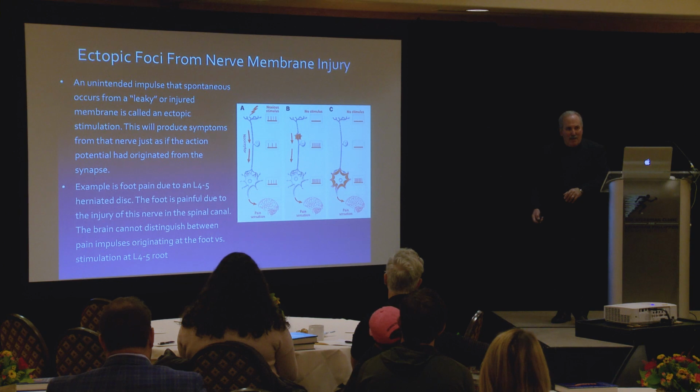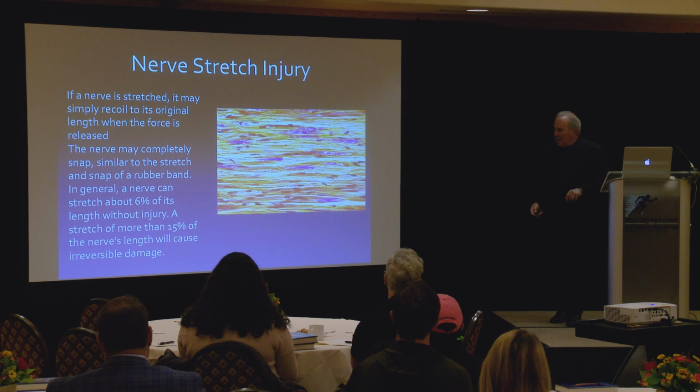It's in the spine. It has nothing to do with the foot. But because that nerve is activated by the herniation, the pain is coming from the foot, even though we know the source is in the lumbar spine. This is sort of a loose form of an ectopic focus. And this is one of our bugaboos. How do we treat these? This is something we don't have a good answer to.